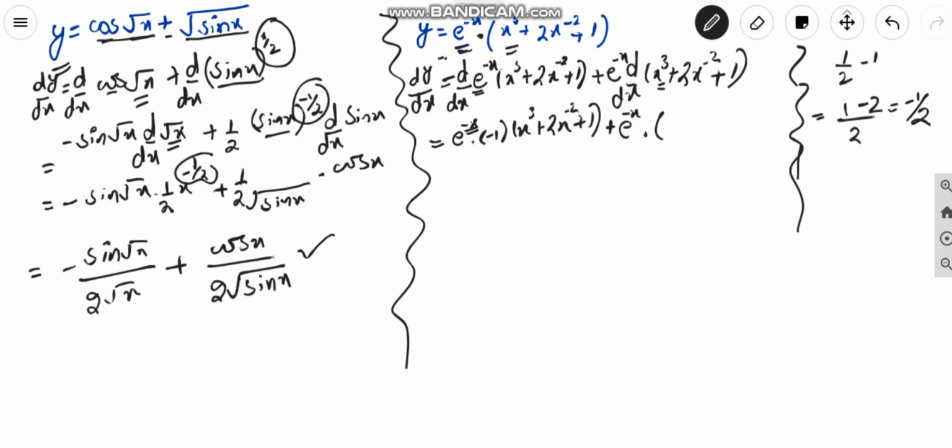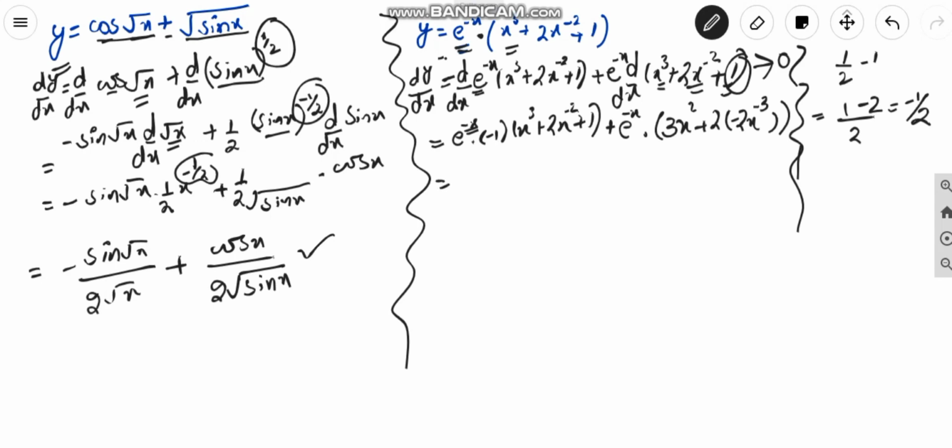We will take a separate derivative of each term because you can see this is a sum of functions and also a constant. So the derivative of x cube is 3x square, and for the derivative of 2x power minus 2, place the power in start and reduce the power by 1, so it becomes minus 3. The derivative of 1 is always 0 because 1 is a constant function.